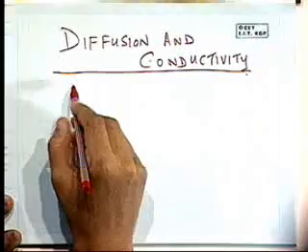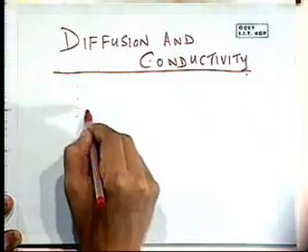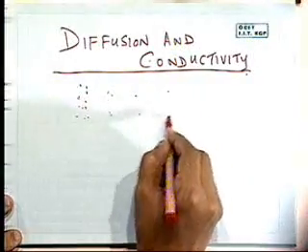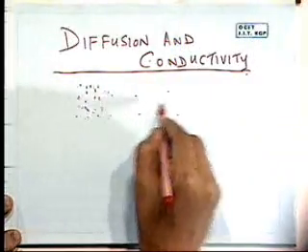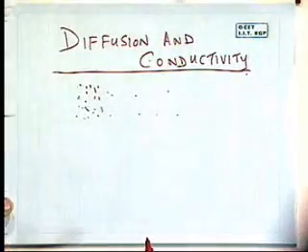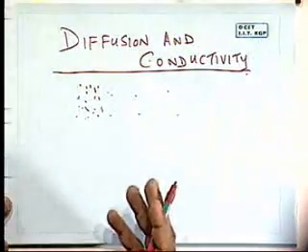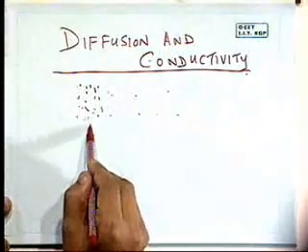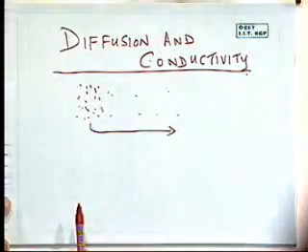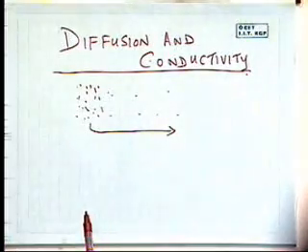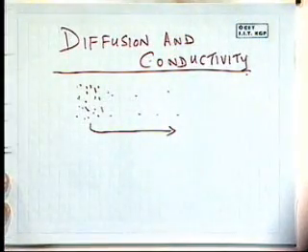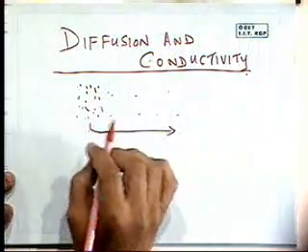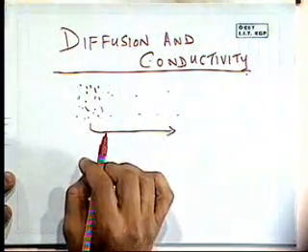So what happens if we have a lot of something on one side, namely there is a concentration gradient. There's lots of something here, and there's less of something here. From what we already know, diffusion of that species will take place from a higher concentration to a lower concentration. And not only is this true for atoms and other things, this is true for electrons and holes too.